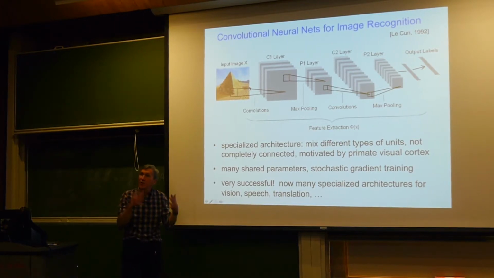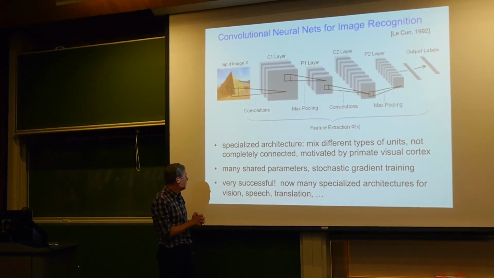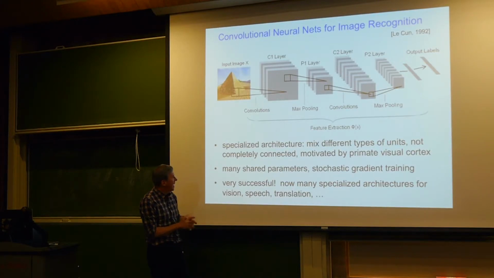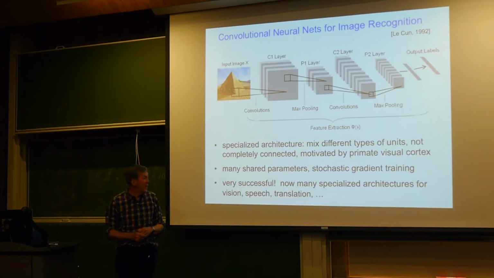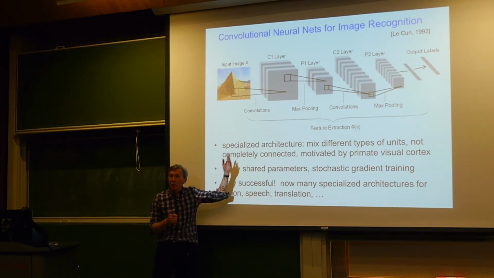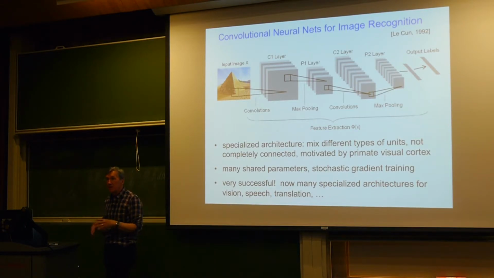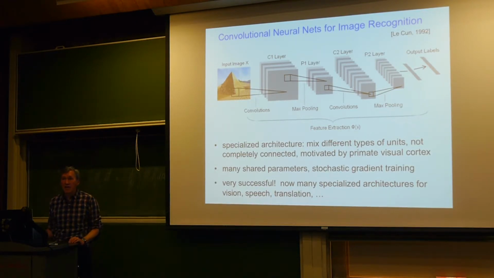So again, there's parameter sharing going on. And this idea of engineering your own architecture for the problem at hand, recurrent neural networks, convolution networks, is now very popular, and there's a lot of innovation going on in this area.